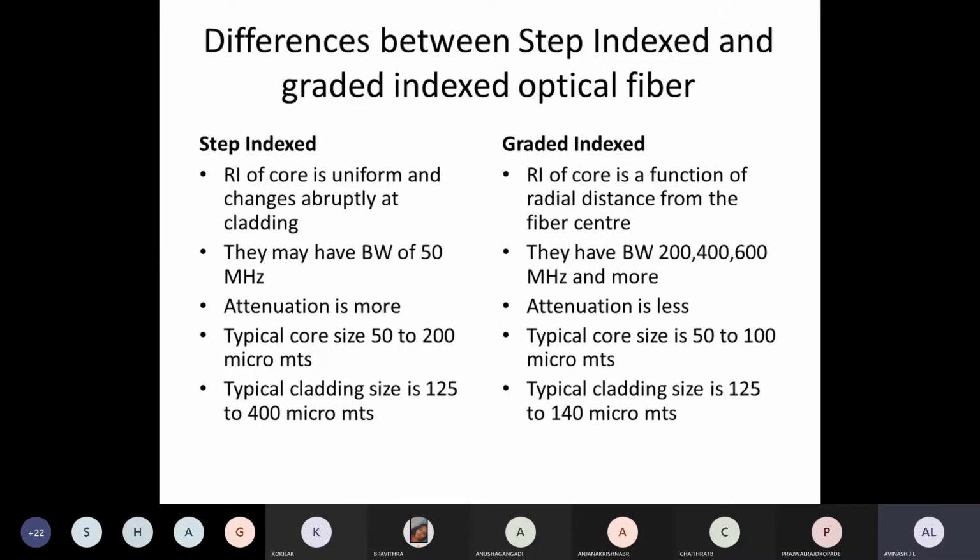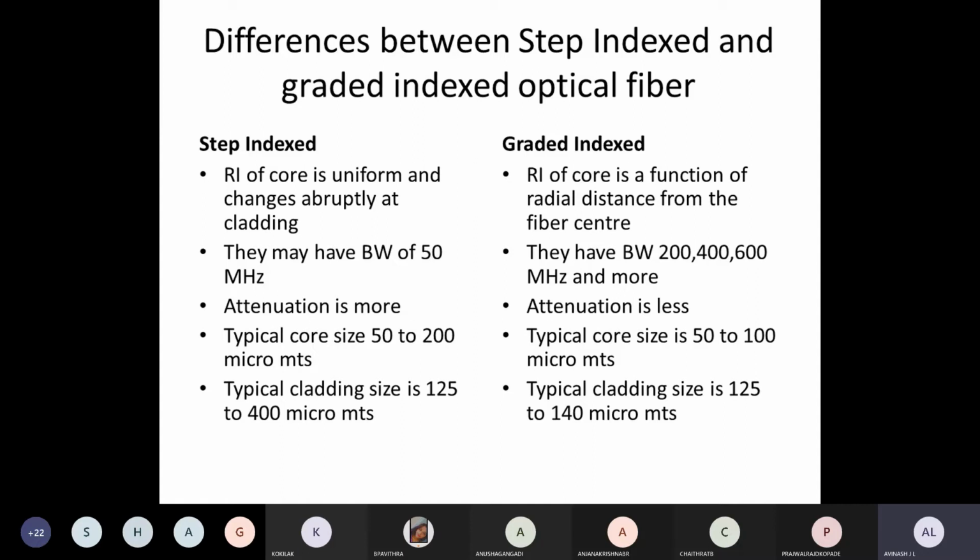The second difference is bandwidth. The step index fiber may have a bandwidth of 50 megahertz, whereas the graded indexed fiber has a bandwidth of 200, 400, 600 megahertz and more.